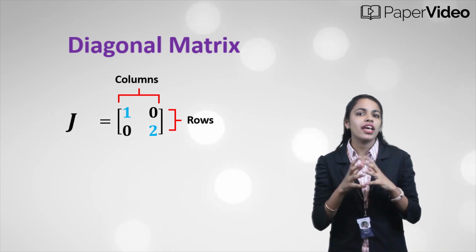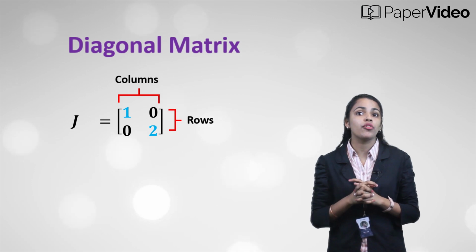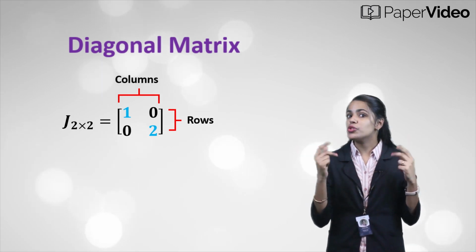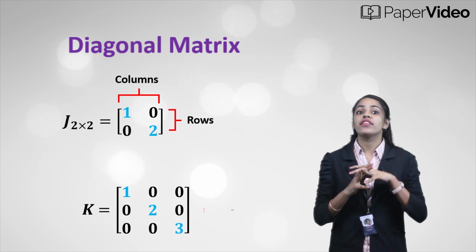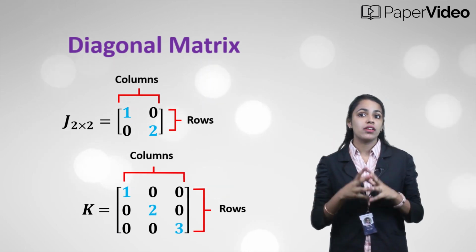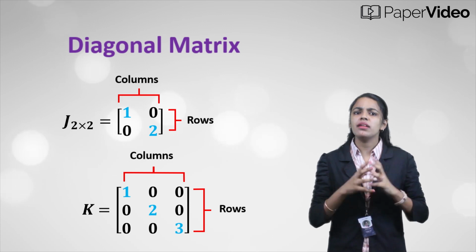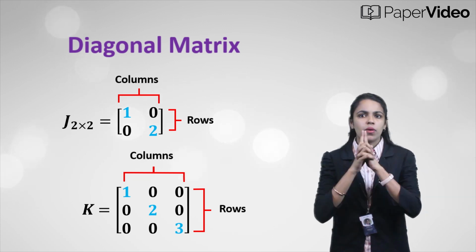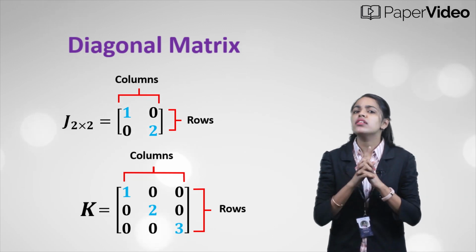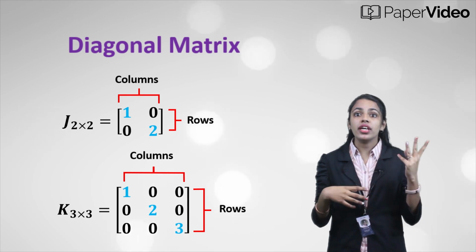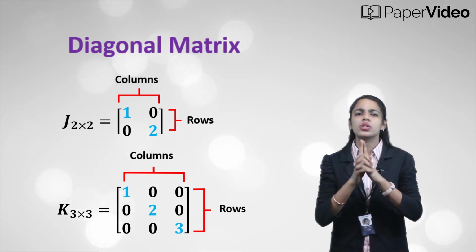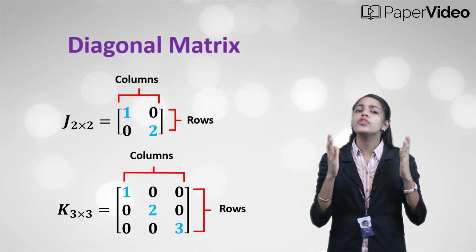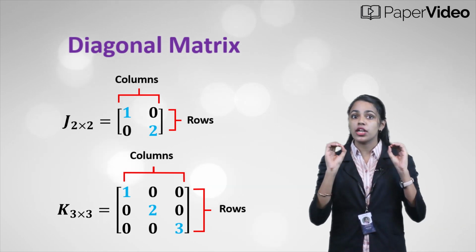So, matrix J is a diagonal matrix of order 2 into 2. Similarly, we have matrix K having 3 rows and 3 columns, and all non-diagonal elements are 0. So, matrix K is a diagonal matrix of order 3 into 3. So, a diagonal matrix must be a square matrix having all non-diagonal elements 0.